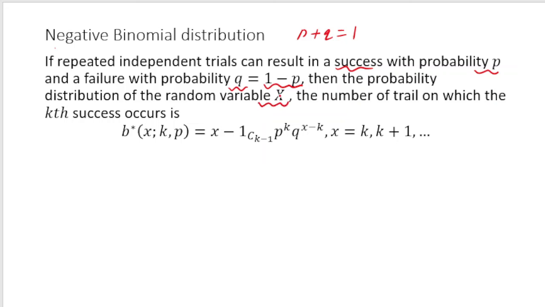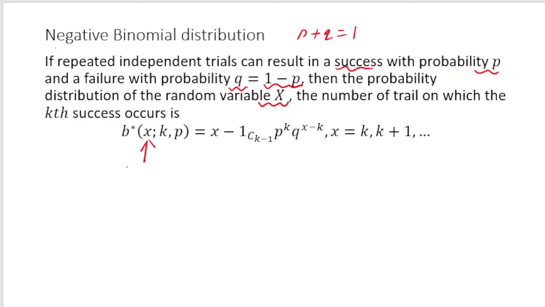And what is this random variable x? The random variable x is the number of trials needed to get the k successes, right? So the formula for that is, in binomial we use b, so here I am using b star.